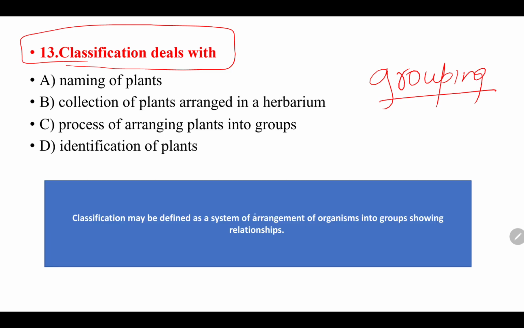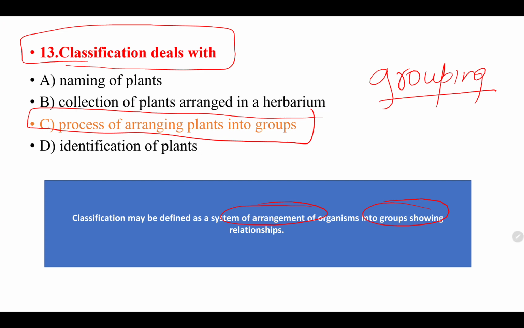It is just a system of arrangement into groups which shows the relationship. Here, it is not collection or naming or identification. It is a process of arrangement, not only of plants but also of animals. So, the correct option is option C.